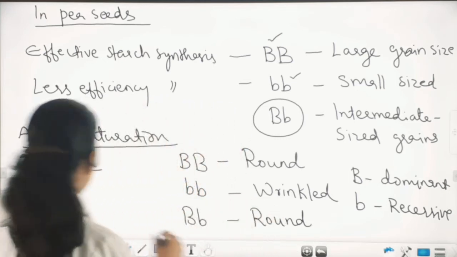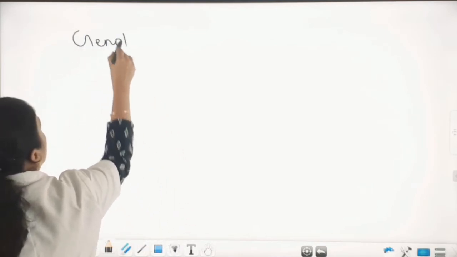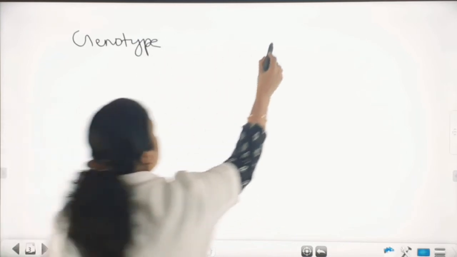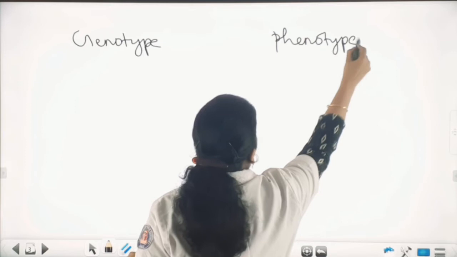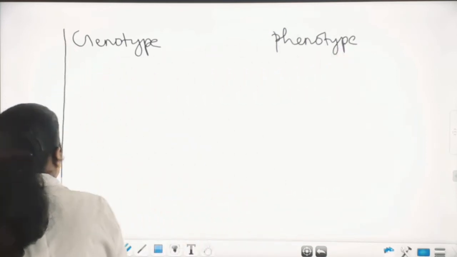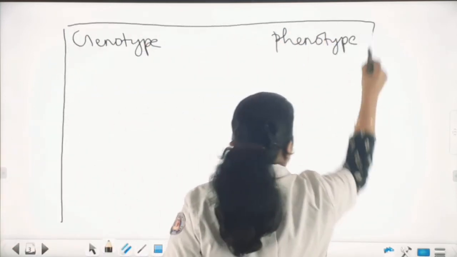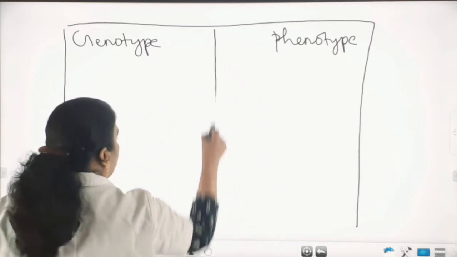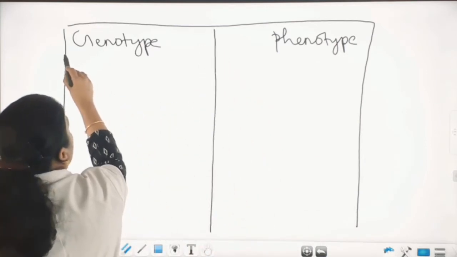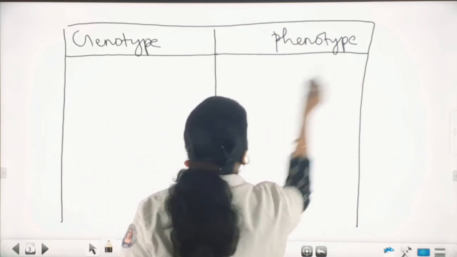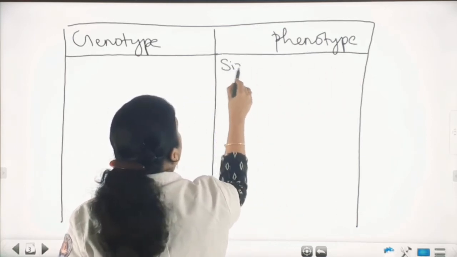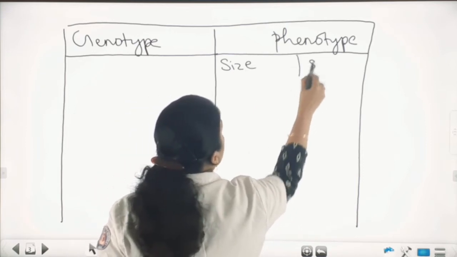Okay. Now we can do an interpretation. That is, we can write genotype, then phenotype. Genotype and the phenotype. We can put it in a column. And here, in this phenotype, we have to see the size of the grain and shape also.